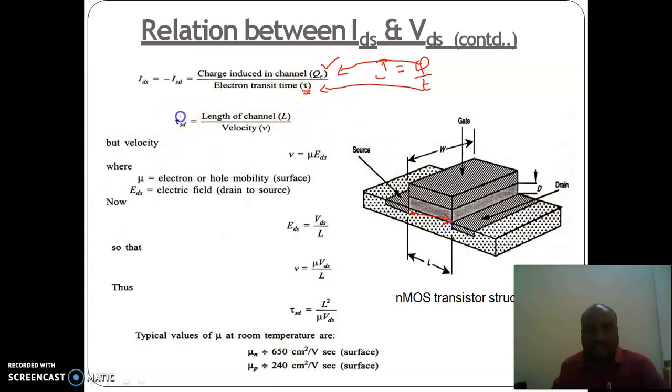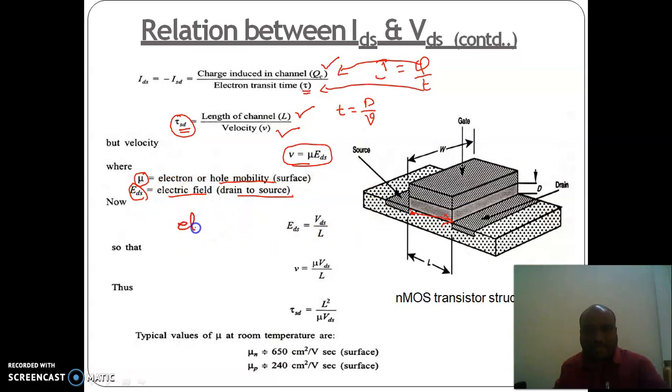This is specifically termed tau SD, and is given by length of the channel divided by velocity, since time is distance by speed. Velocity with respect to mobility is V equals mu into EDS, where mu is the electron or hole mobility and EDS is the electric field from drain to source.